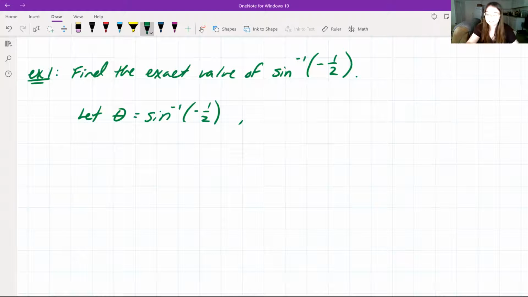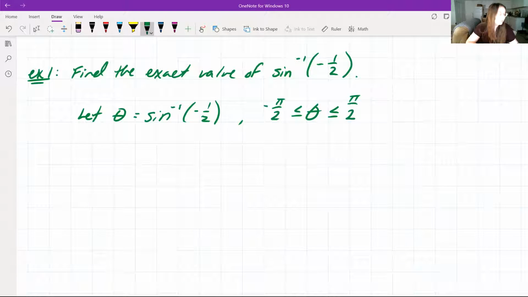Anyways, so we say that theta is between -pi/2 and pi/2. If we've let theta equal sine inverse of -1/2, what we can do now is take sine of both sides.